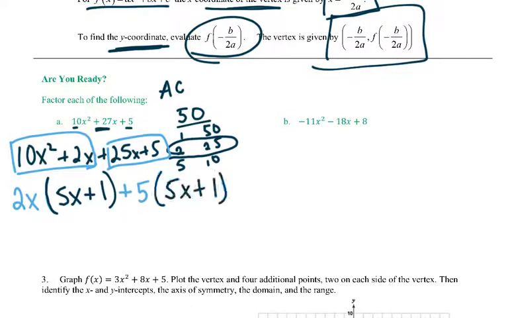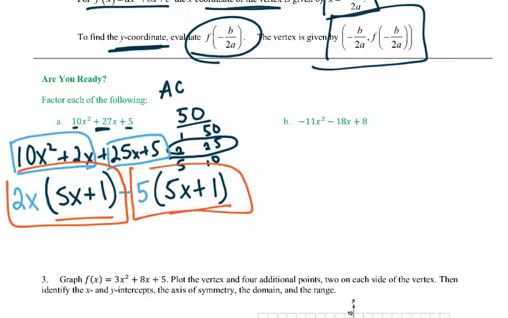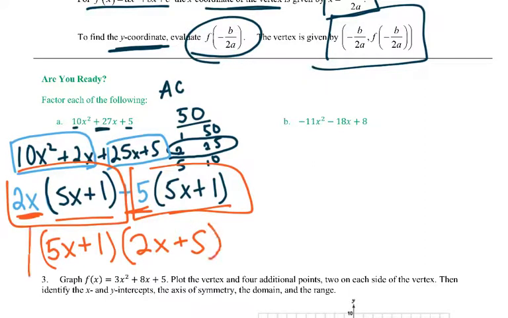So you should notice that we have a 5x plus 1 in both of these terms now. So I can factor that out, which will leave us with 5x plus 1. And then we combine our two other terms, the 2x plus 5, together. And we have successfully factored a trinomial with a leading coefficient.